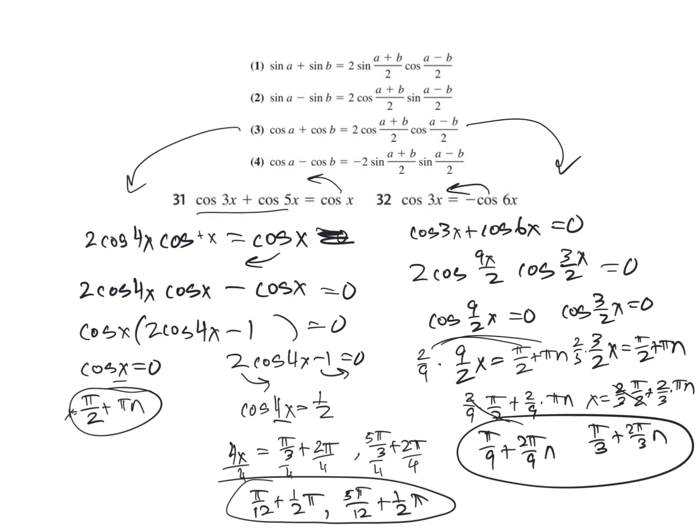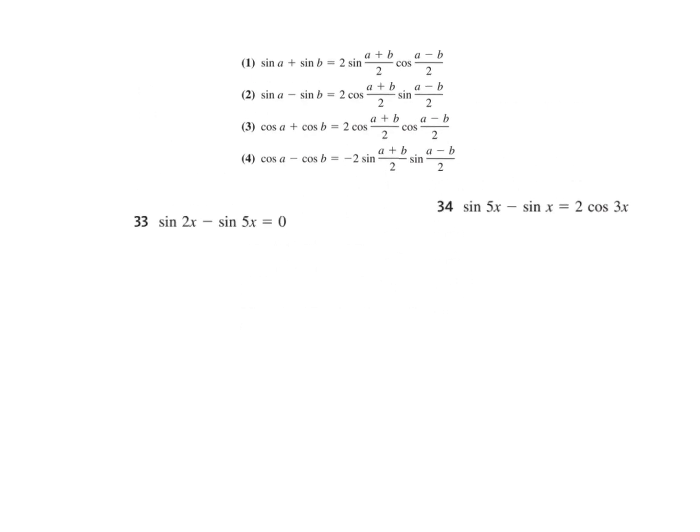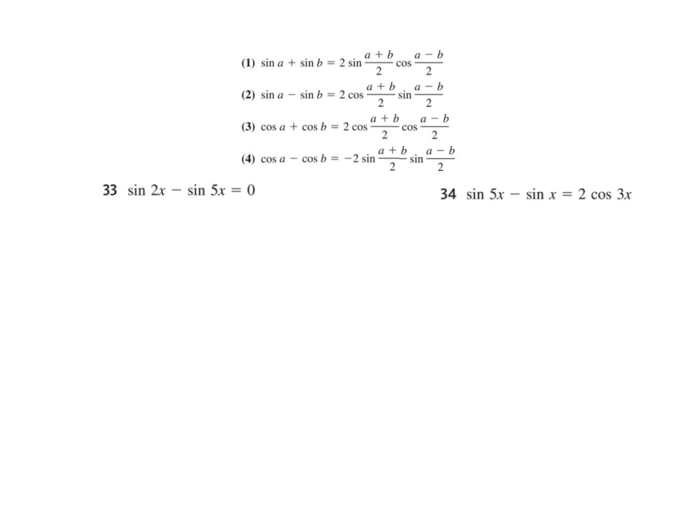All right, let's go to the next one. And we'll move this stuff around a little bit. All right, so number 33 is sine minus sine. So we're going to use number 2 here. So this is 2 cosine of 2 plus 5 is 7 over 2, 7 halves x.